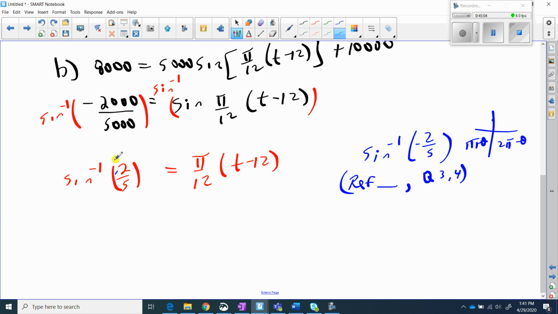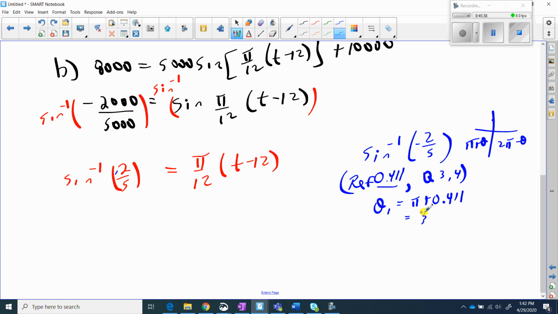Remember, when you find the reference angle, do not put the negative in your calculator. So I'm going to go 2/5. Make sure you're in radians, inverse sine, and I get 0.411. So the two possible angles: the first one will be down here, pi plus that reference angle. If I just add pi to that, I get 3.553.